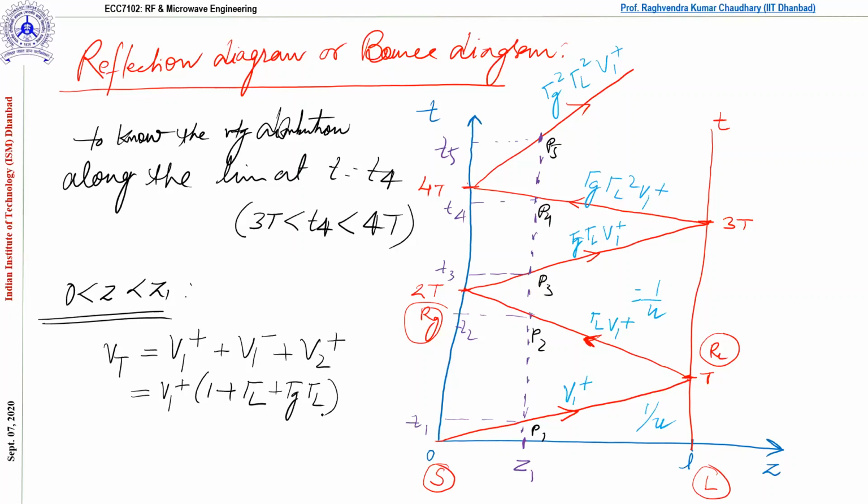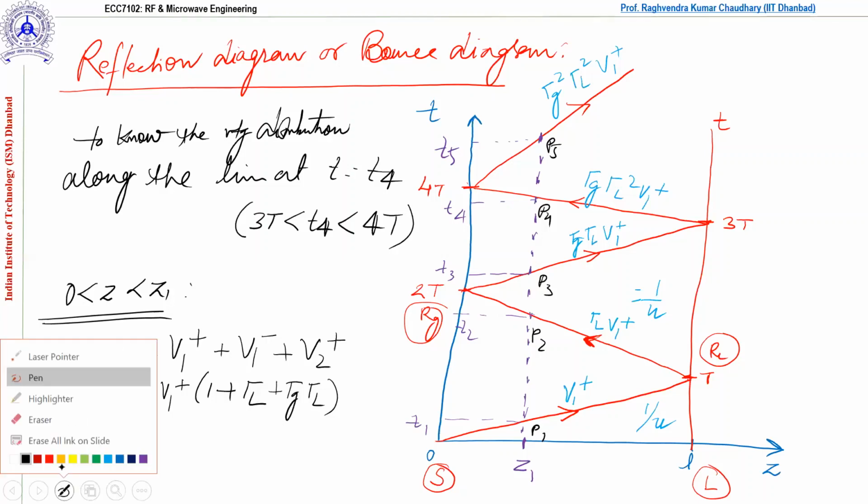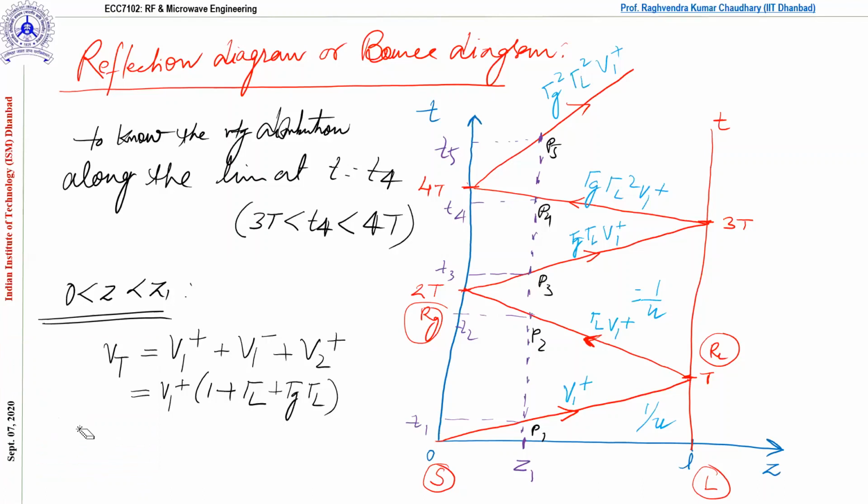And can we write down the things for Z1 less than Z less than L? I'm saying that Z1 less than Z less than L. Fine.